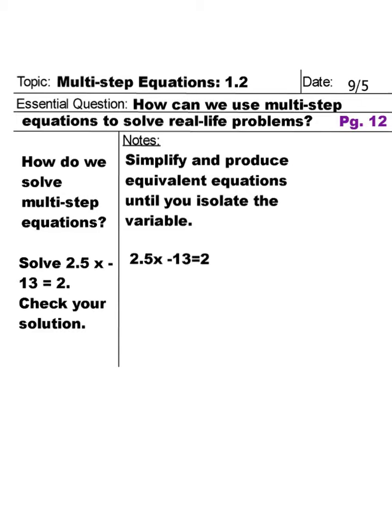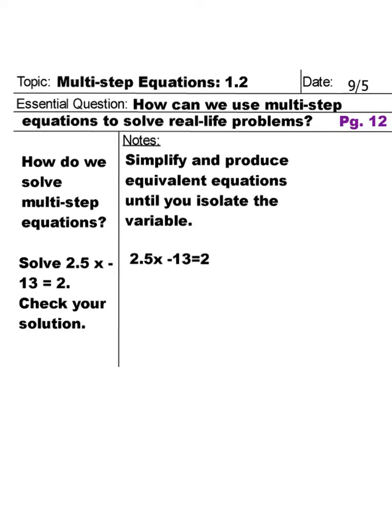Now, some people were having trouble last class with understanding this concept for some reason, and the way I think about it is you want to isolate your variable from the outside in. So you want to get rid of everything on the outside first before you work your way inward. So I'm going to get rid of that 13 because that's the outermost thing that I have to get rid of.